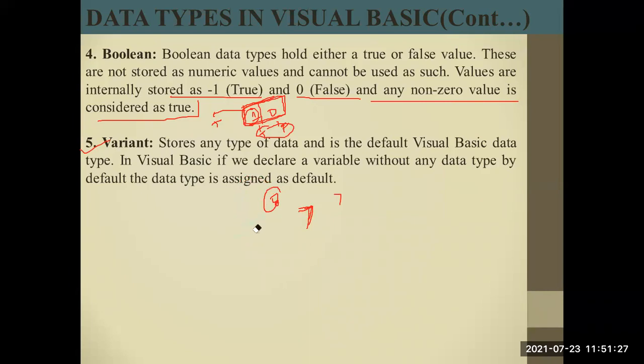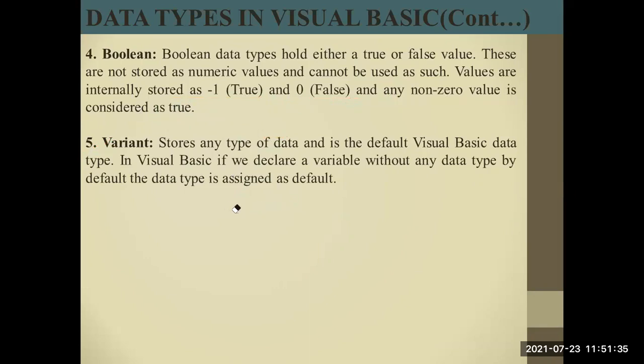This is a very important data type supported by Visual Basic. The first one is numeric, the second is string, the third is date, then boolean, and next is the variant data type, which is very important.